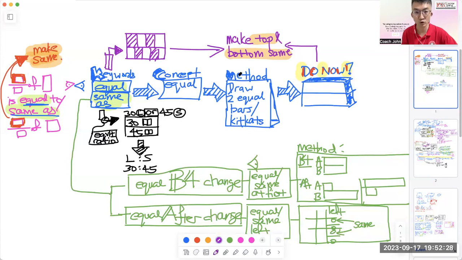So I have also shared with you my method and methods that I've taught many children, and they told me that it's way easier than what they have been taught elsewhere. For example, for equal concept, the method is to draw two equal bars, and I also show you the variation of equal concept questions with the equal keyword inside.